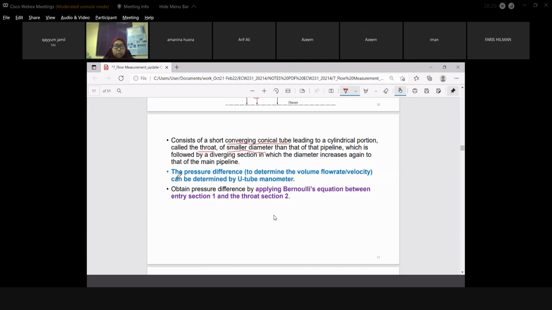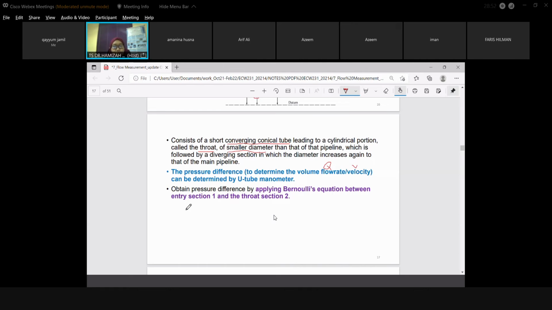Okay, so using the manometer, we can determine the pressure difference, but we can also calculate using the formula. The flow rate we can get from the formula, but if we use the manometer, the direct reading is the pressure difference. And also using the formula, the velocity.